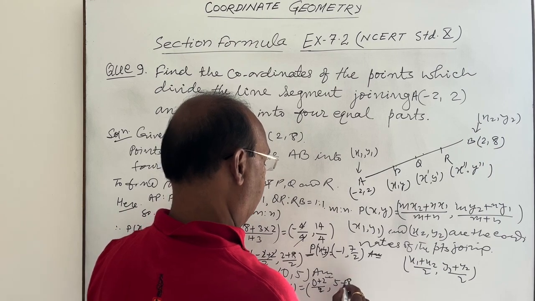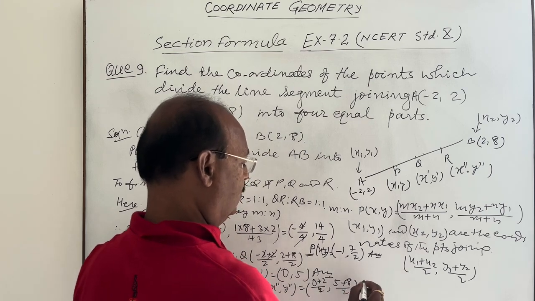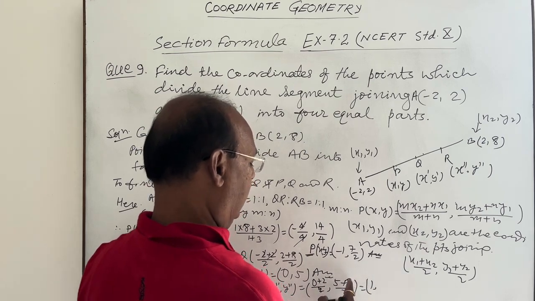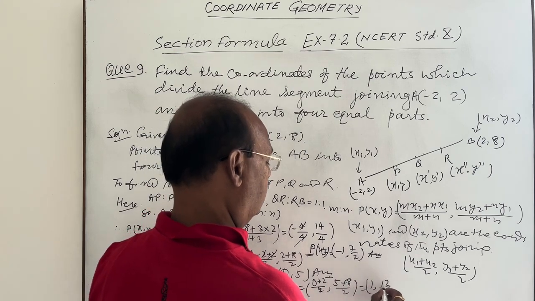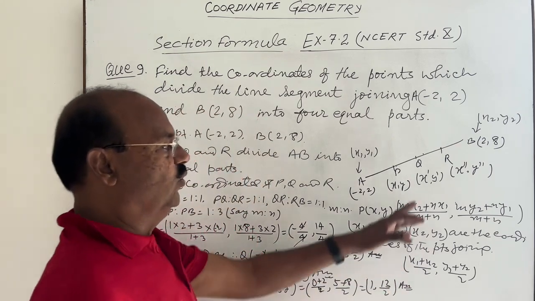This is equal to 2 by 2, that is 1, and 5 plus 8, 13, divided by 2. This is another answer. These are the coordinates of point R: 1, 13 by 2.